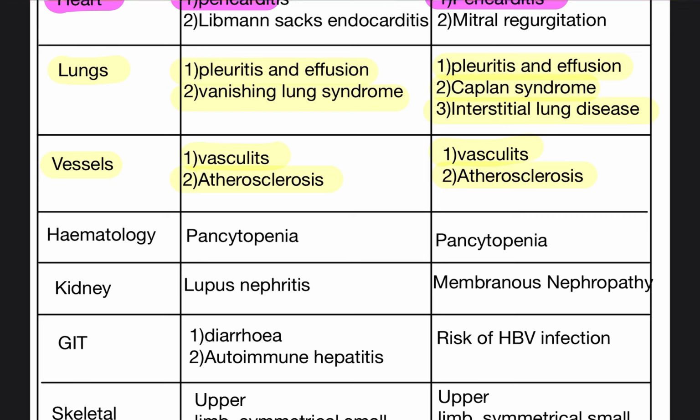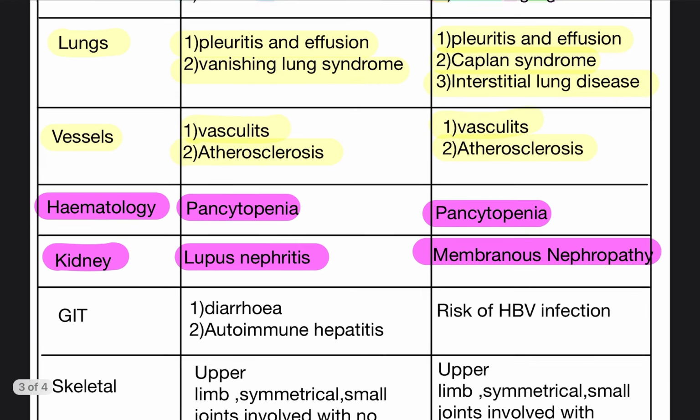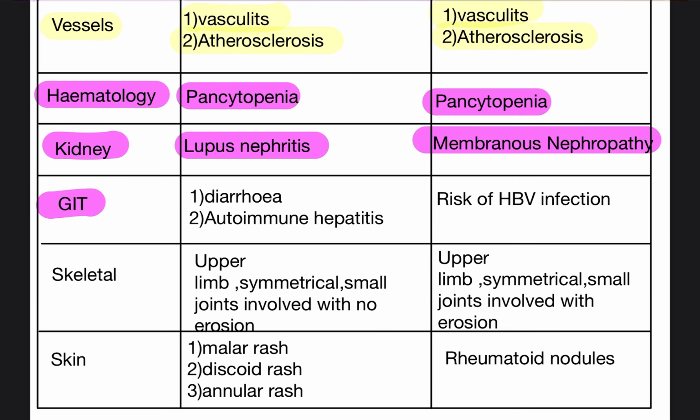Now, hematological manifestation: both manifest as pancytopenia. Then, the manifestation in kidney. We get lupus nephritis in SLE and membranous nephropathy in rheumatoid arthritis. Manifestation in GIT. We get diarrhea and autoimmune hepatitis in SLE, and rheumatoid arthritis increases the risk of HBV infection, that is hepatitis B virus infection.